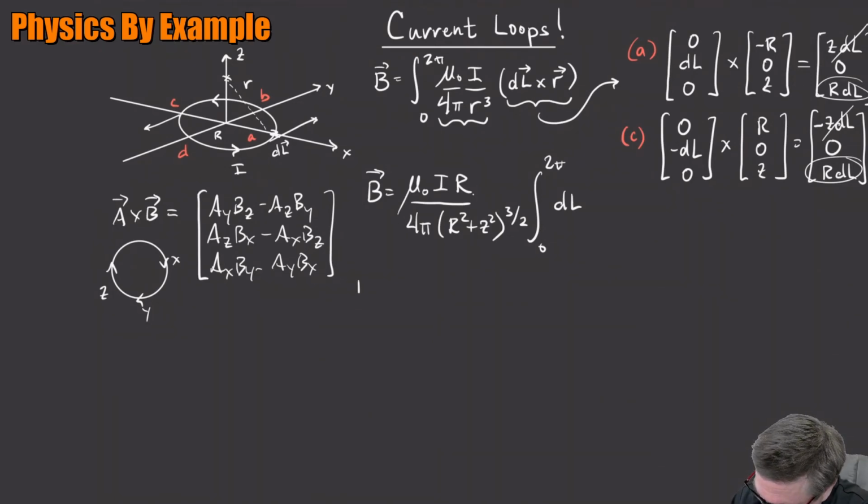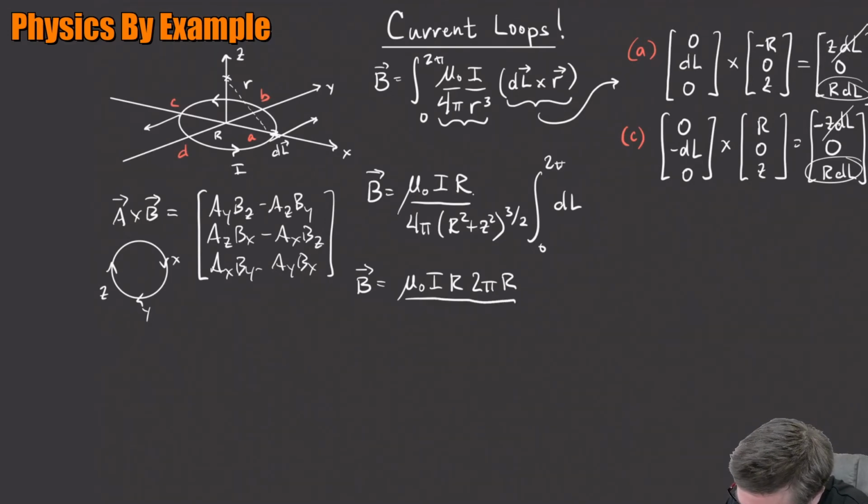So finally, we actually didn't have to do much work after all, right? The nice thing is that by invoking symmetry arguments, we don't actually have to integrate stuff. So this is going to be mu naught I R times 2 pi R, divided by 4 pi (R squared plus z squared) to the 3/2.